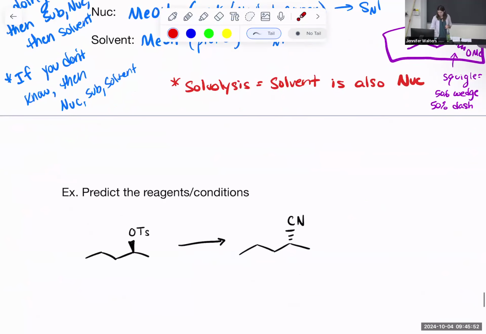All right, try to do the next one then. You're going to try to predict the reaction, your reagent, and what conditions you need. Conditions meaning solvent. So you have to write an appropriate solvent for this reaction.